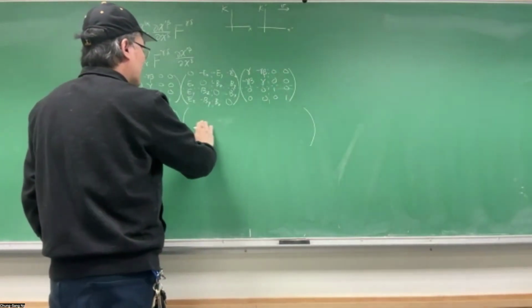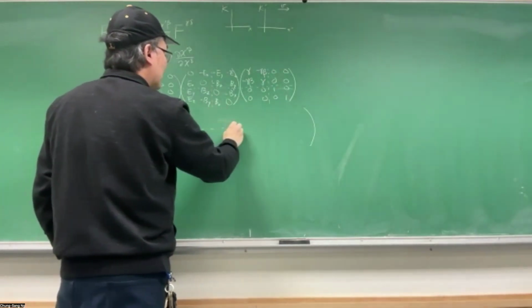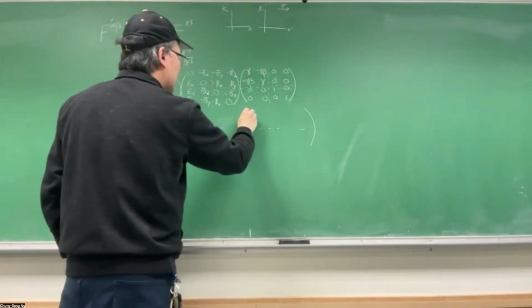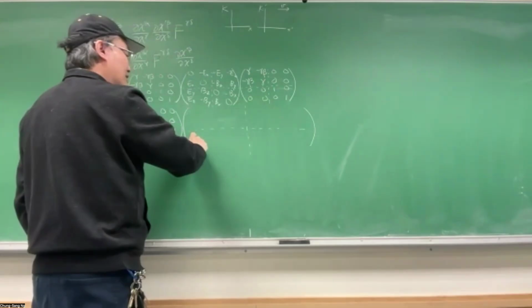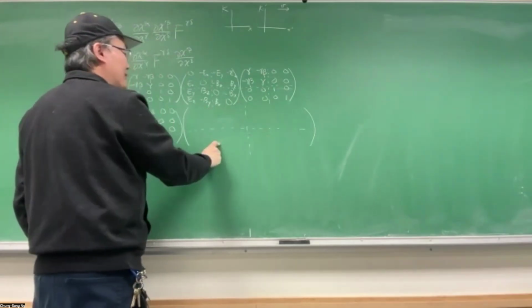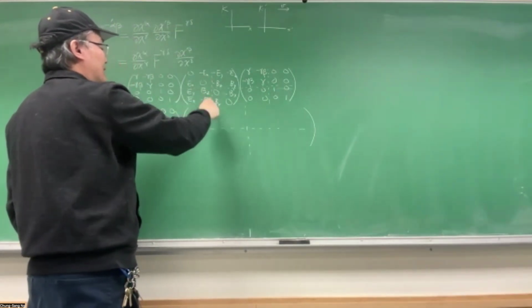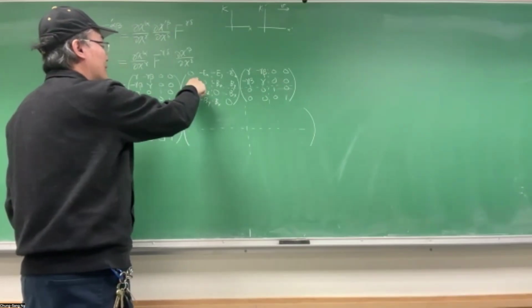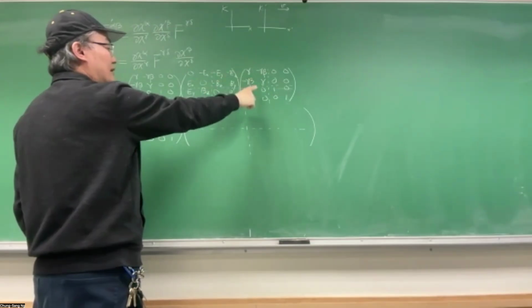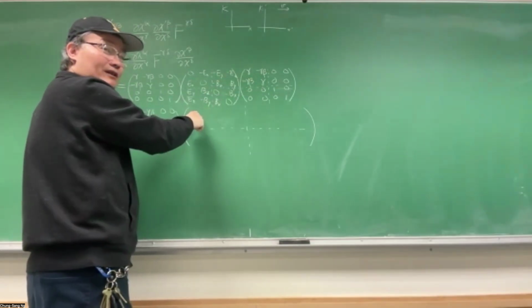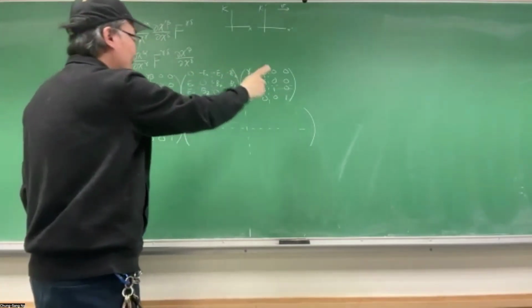The result is a 2 by 2 matrix, but its elements are 2 by 2 matrices also. So this element would be this matrix times this matrix plus this matrix times this matrix. Okay, is that okay?